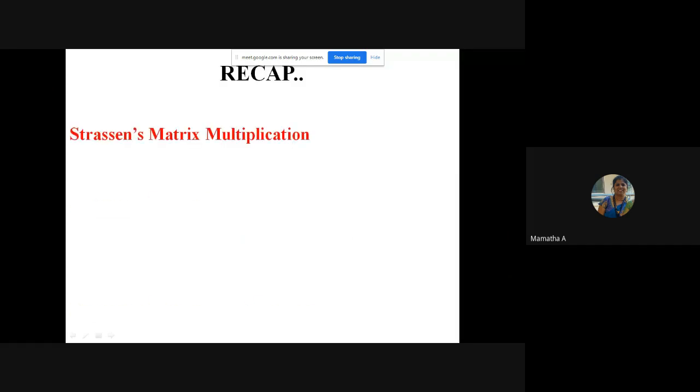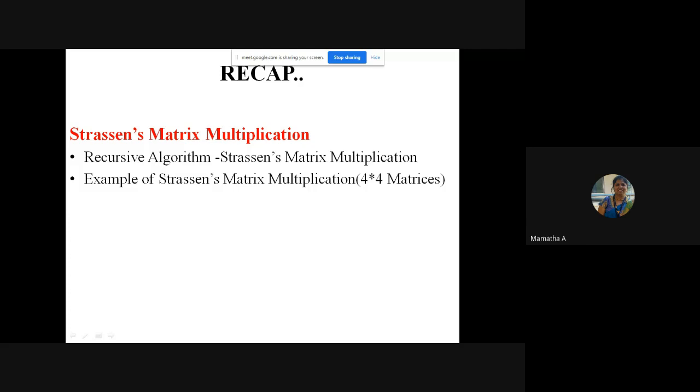So as a recap, I had dealt with matrix multiplication by Strassen's method. We had seen the algorithm, the example with respect to 4 cross 4, and similarly its analysis, and we could observe that Strassen's matrix multiplication gave me n to the power how much, students?